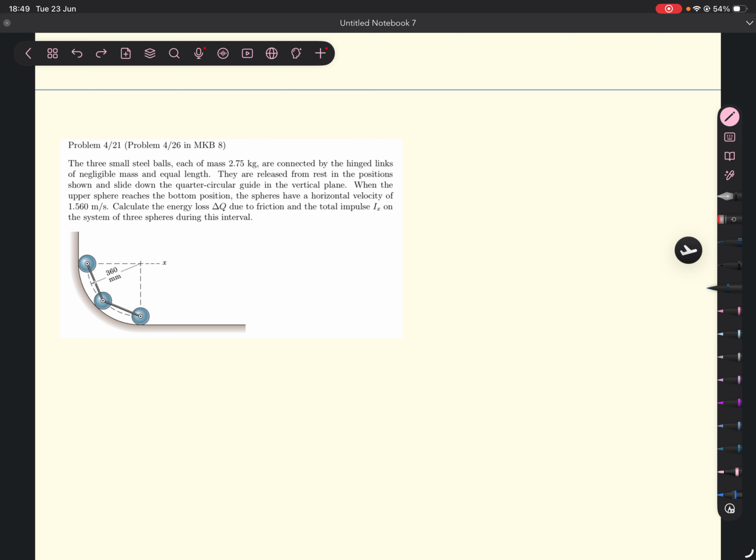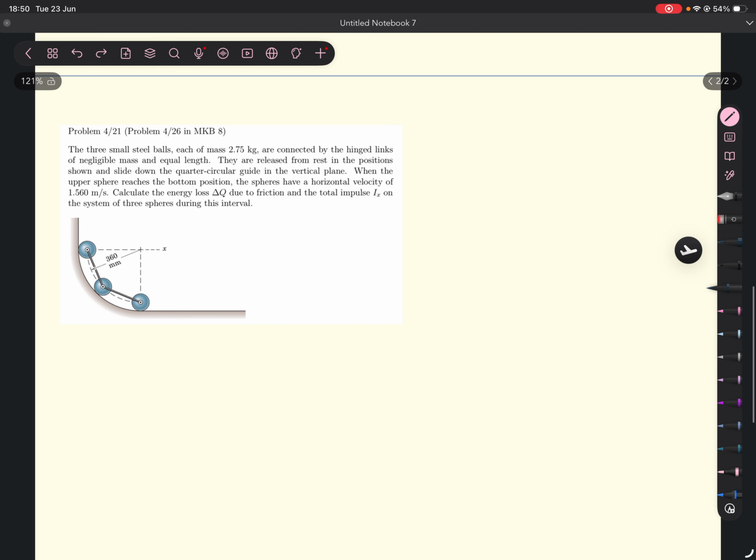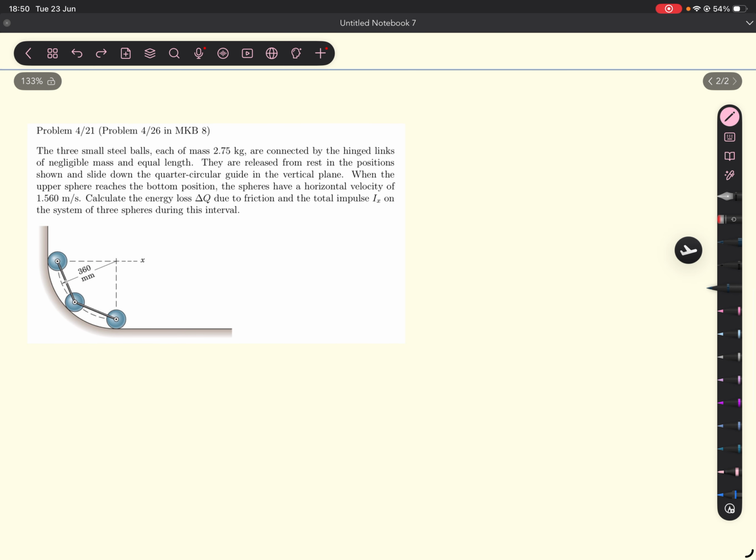When the upper sphere reaches the bottom position, the spheres have a horizontal velocity of 1.56 meters per second, and we're asked to calculate the energy loss due to friction and the total impulse on the system.